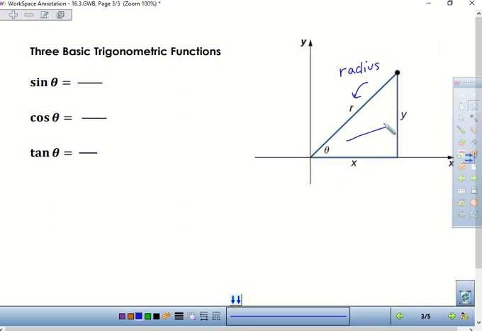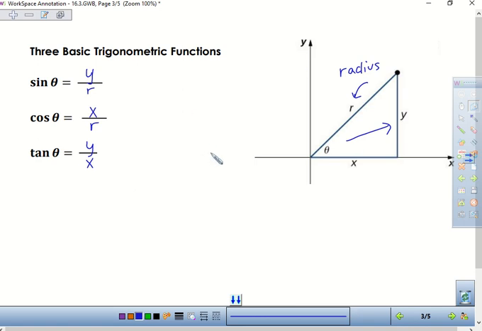So sine would be opposite, which is y, over r, right? Because opposite over hypotenuse. We know that cosine is x over r, because it's adjacent over hypotenuse. And what would tan be? Y over x. So these general rules will always get you a value on the unit circle, okay?